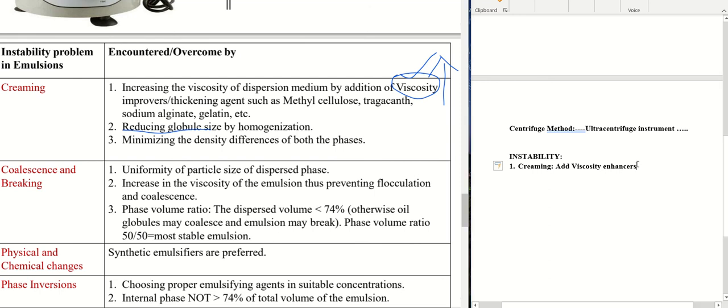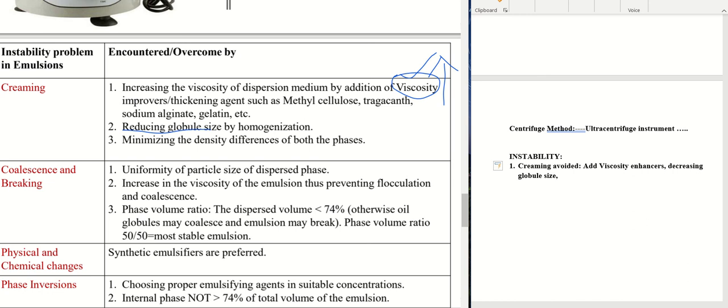The other one is by decreasing the globule size. So if the globule size is decreased, reduced, or uniformly made, the chance for the fusion of the globules will be reduced.